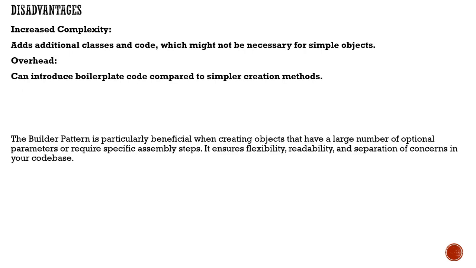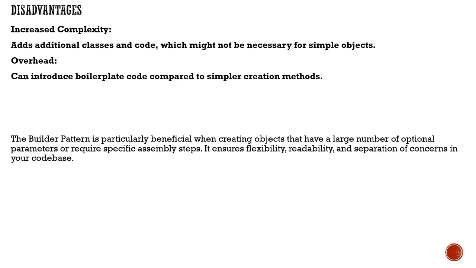Now, the disadvantages with this is that sometimes it increases the complexity, depending on the parameters. You are adding certain additional classes based on the complexity of the objects. Sometimes it might not be necessary for simple object creation, but yeah, sometimes it increases the complexity.